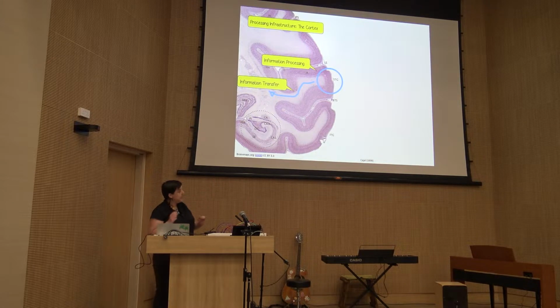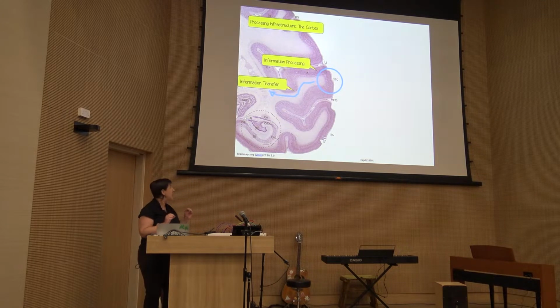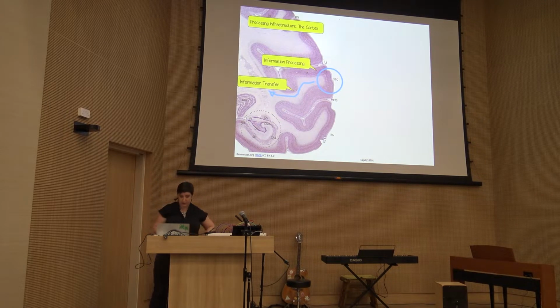And what we can see is that thick purple layer around the outside, which is where all the cell bodies are hanging out, in that thick layer that we call the cortex. What you can see deeper inside the brain are these superhighways that connect different regions of the cortex to one another.